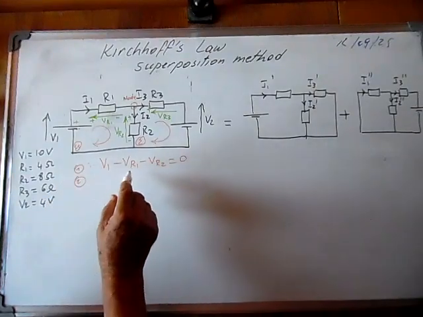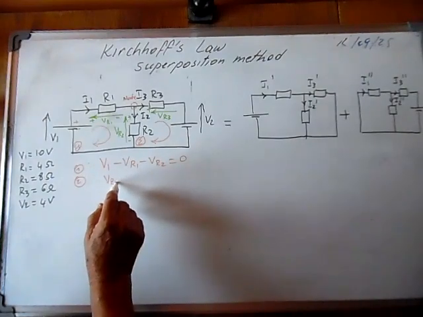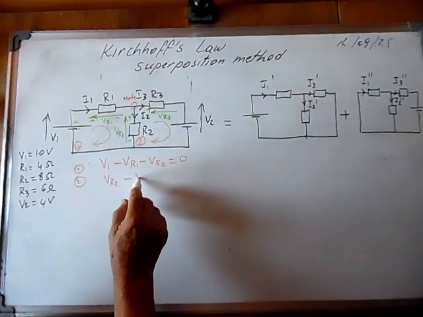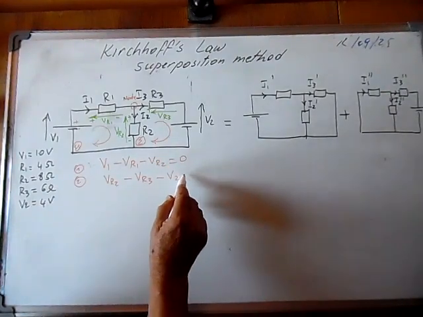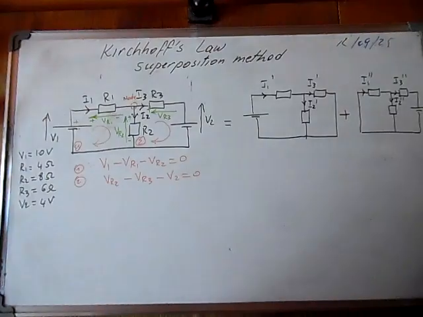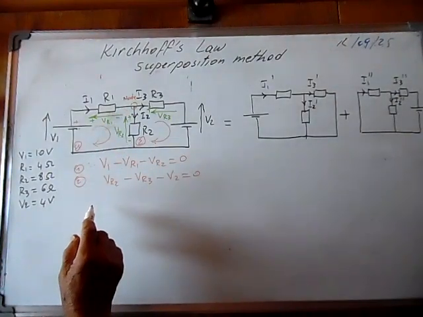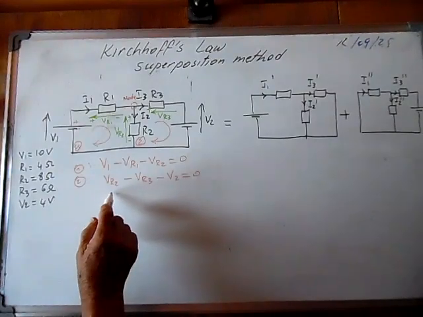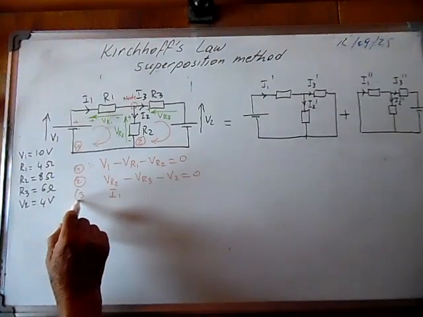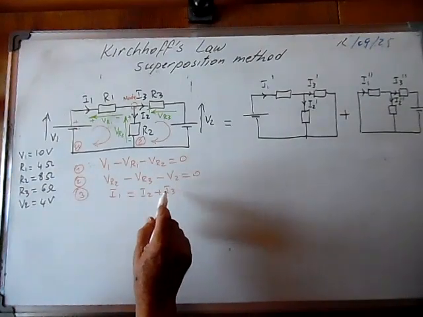Second equation, if we go from minus to plus, we can write plus VR2, minus VR3 and minus V2 is equal to 0. And another equation is the equation in the node. The sum of the currents entering a node is equal to the sum of the currents leaving the node. So it means I1 should be equal to I2 plus I3.